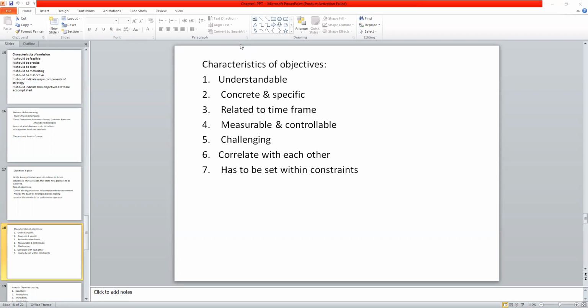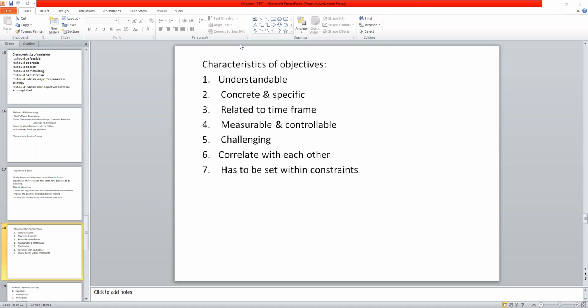Objectives are related to a time frame. When you need to achieve the objectives, there should be a specified time period. Otherwise, there is no relevance of the objectives. They should be time bound, so that within so and so time, the target should be completed or achieved. Many a times the employees don't take cognizance of it, and they don't understand the urgency or the severity of the time frame.